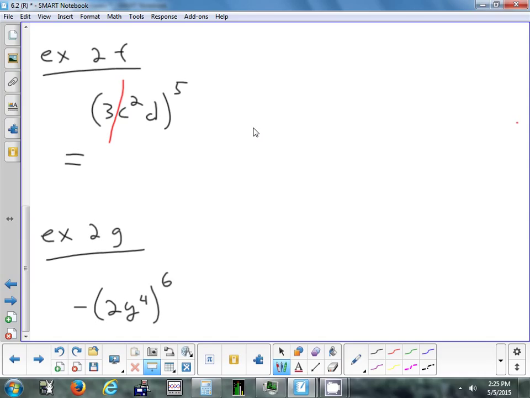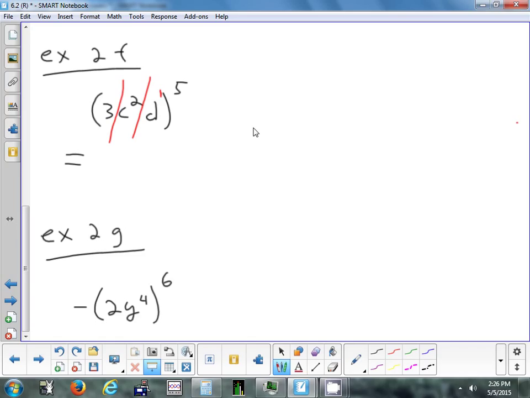C squared. Ryan, what's the last thing on the inside of that parentheses? The D, just the D. But there's no exponent. What do I put? D to the first. We haven't got to that part yet. All right, so D to the first.